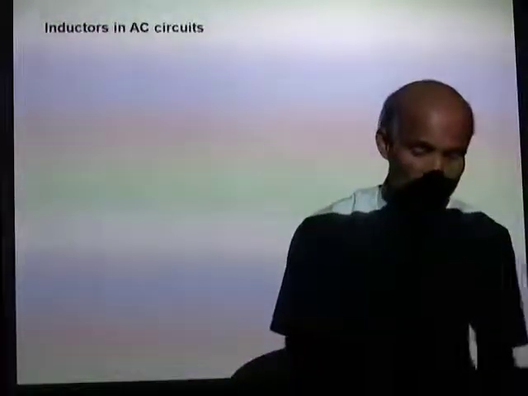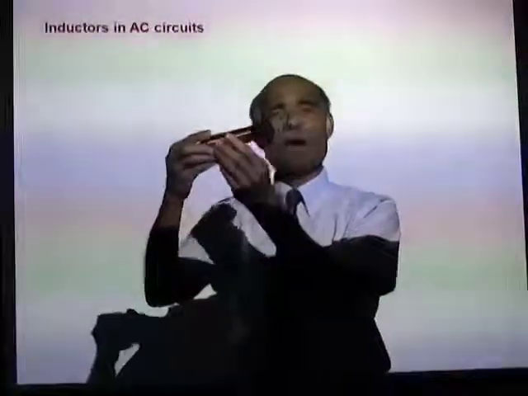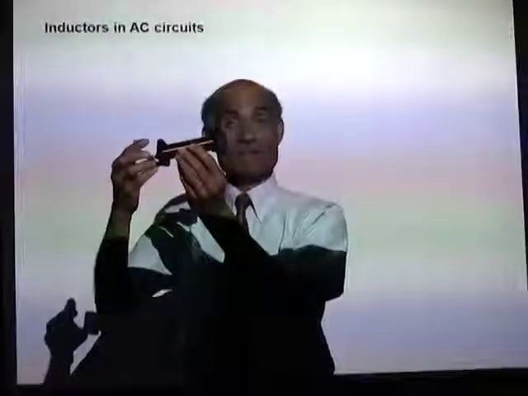Alright, we will now see what happens when an AC is passed through an inductor. Remember, an inductor is simply a coil of wire. Why is it called the inductor again?